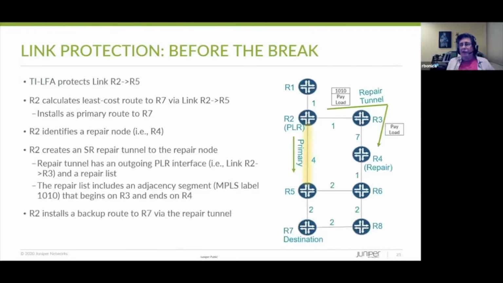Send it to R4, whether or not that is the least cost path to R4. And that solves your problem. Now you can deliver the packet to R4, which is a perfectly good repair node, even though R3 is not on the least cost path from R2 to R4. Now, R2 installs this tunnel as a backup route, and you'll see that it gets used when the link breaks.